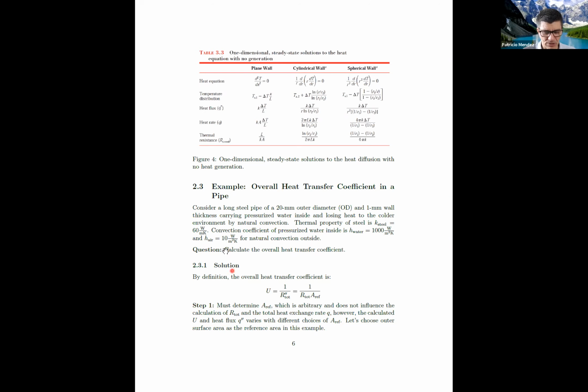Not a good heat exchanger in this case, but let's do this just because it's going to be good for us to understand. It is losing heat by natural convection with a convection coefficient of 10 watts per meter square Kelvin.